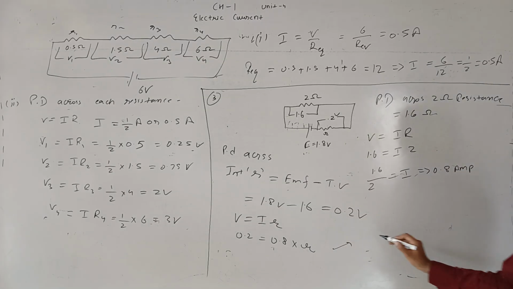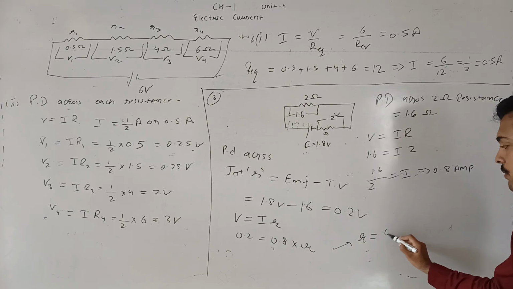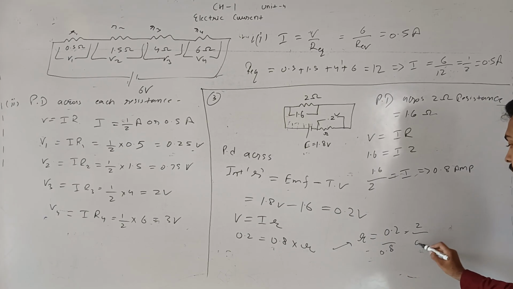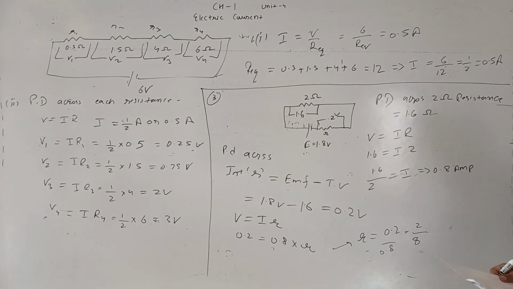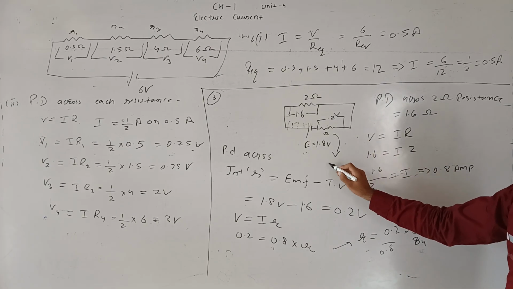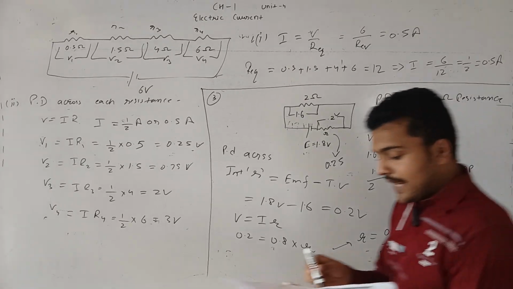So R equals 0.2 divided by 0.8, which is 2 divided by 8, which is 1 by 4, equal to 0.25 ohm. So 0.25 ohm is the internal resistance.